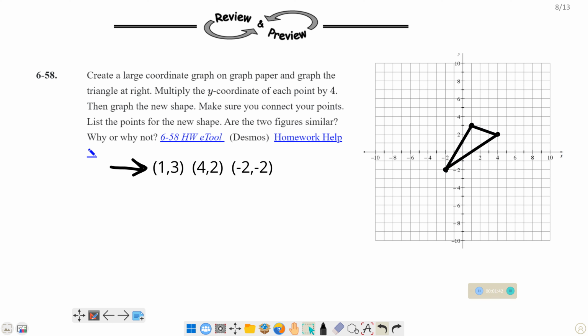Now, to follow the directions, it says multiply the y-coordinate of each point by 4. So I'm going to take my y-coordinates, and you don't have to write this down because you're watching the video. Kids who are working on their own probably have to write this down. So I'm going to multiply by 4, only the y-coordinate.